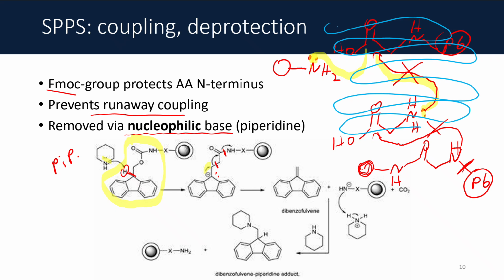And that's going to liberate 3 different products. This whole thing called dibenzylfulvene, a CO2 molecule which just evaporates into the air. I'm just seeing now that this graphic forgot to put an oxygen there. Very silly of them. And most importantly, we are going to get our free amine.